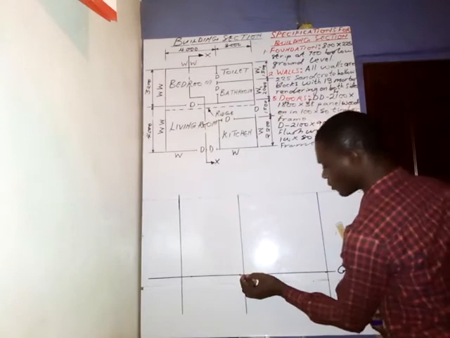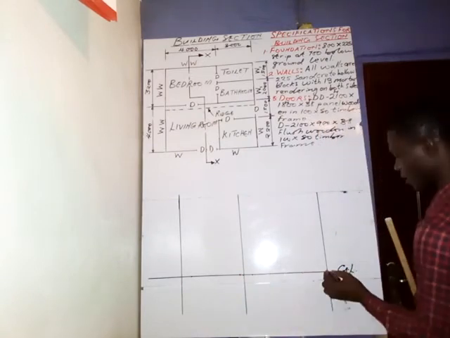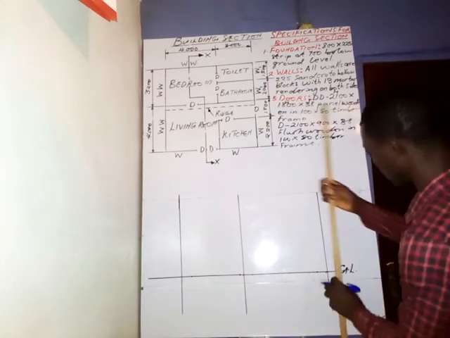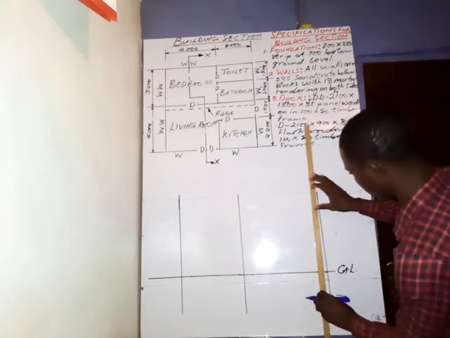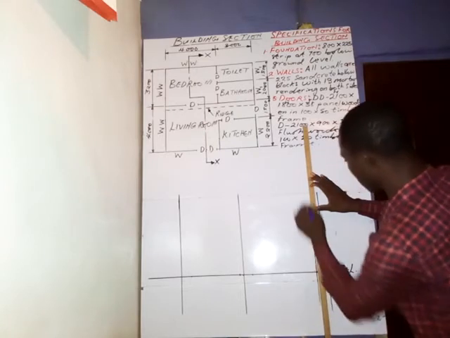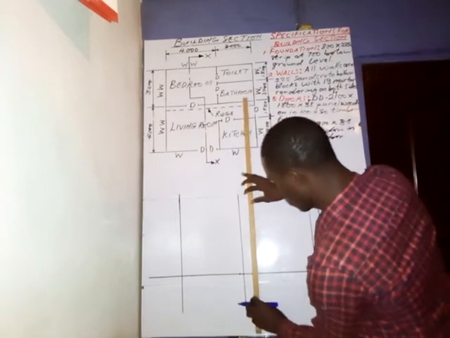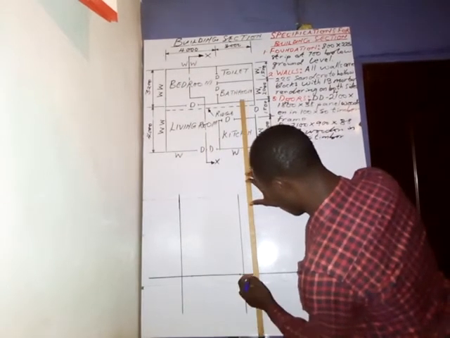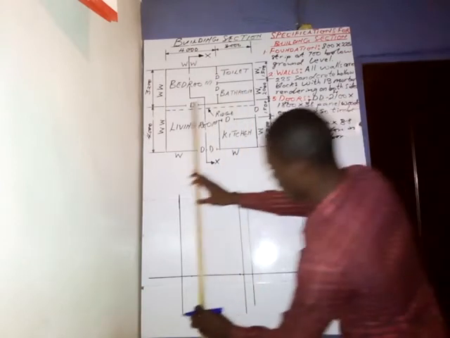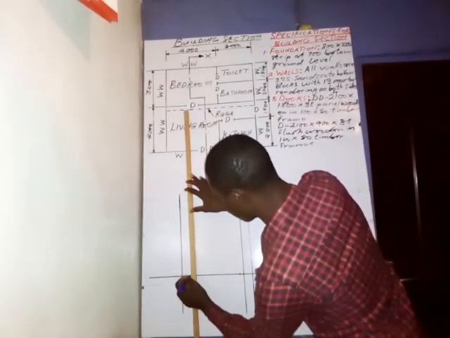Then from here to here, take 5 millimeters. And then you come here, take 5 millimeters inward like this. Then you draw vertical lines. So I still need to rub off some things so that you can see it clearly. So here we also draw a vertical line, and then here we also draw a vertical line.